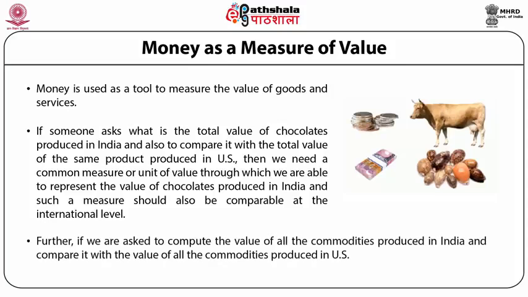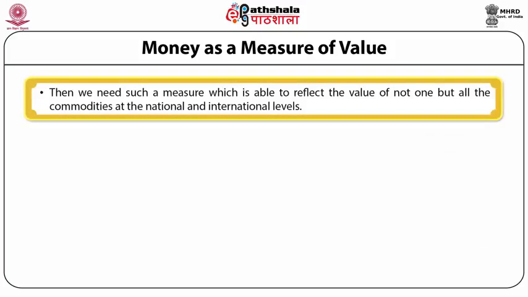Further, if we are asked to compute the value of all the commodities produced in India and compare it with the value of all the commodities produced in US, then we need such a measure which is able to reflect the value of not one but all the commodities at the national and international levels.